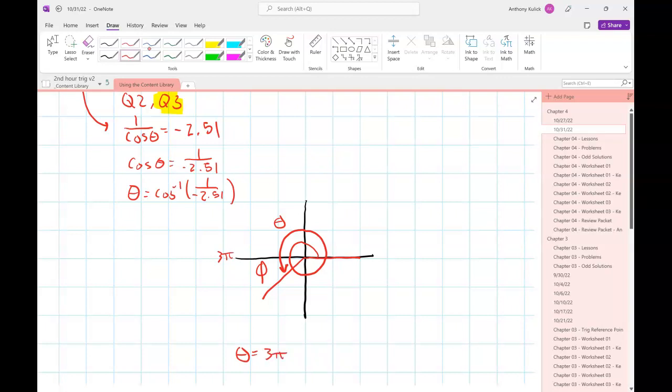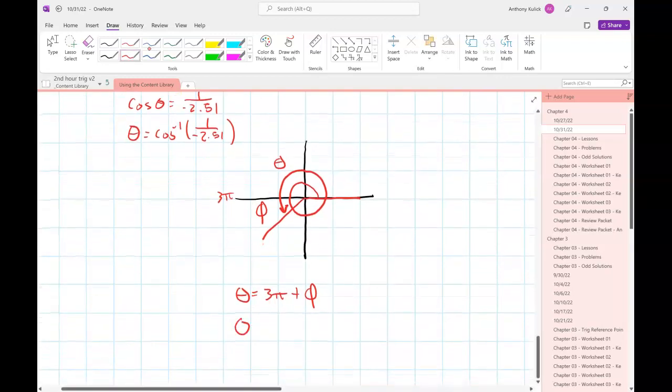It's bigger because it passes 3 pi, right? So should we be adding to 3 pi or subtracting from 3 pi? Adding, right? Because that'll give me a value that's bigger than 3 pi. And what will we add to it?